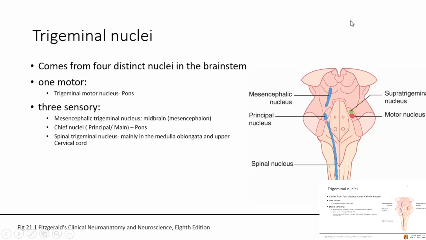So from the cortex, we have the cell body of the upper motor neuron, and then it will synapse here with the cell body of the lower motor neuron that is located in this nucleus, or these nuclei, sorry.